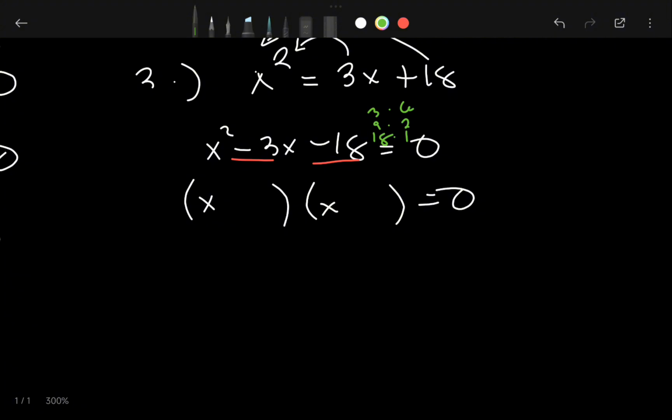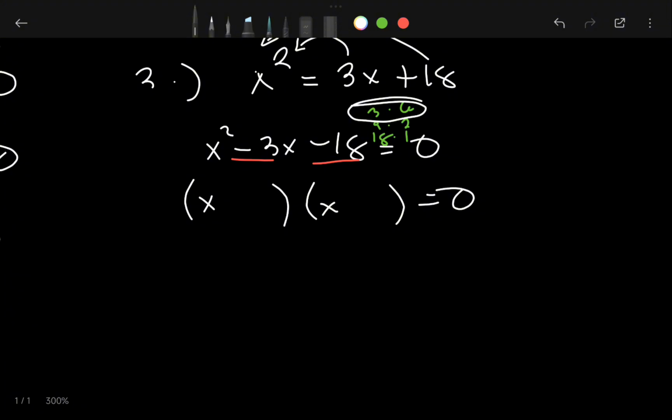As you can observe, the most likely factor that we can use here is 3 times 6, because if you subtract these it will give us negative 3. Unlike with 9 times 2, it will not give us negative 3. At the same time, 18 times 1 will not give us negative 3. Since the last term is negative, it means that we are multiplying numbers that have different signs.